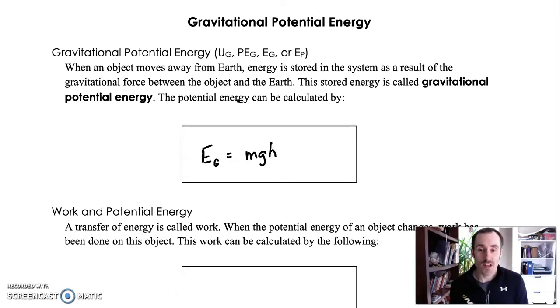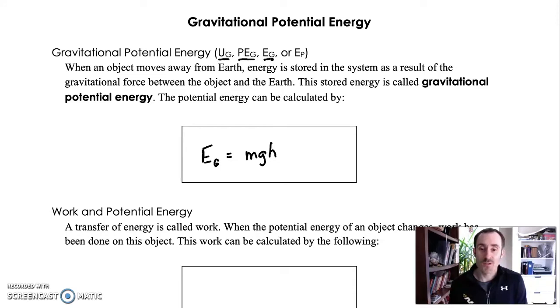Now you'll notice that up here it gives you several different notations for gravitational potential energy. UG is one of them. It's really common to say potential energy using the big letter U, and then G to make it specifically gravitational potential energy. You'll see that all over the place. This one maybe is a little bit less common, potential energy, specifically gravity.